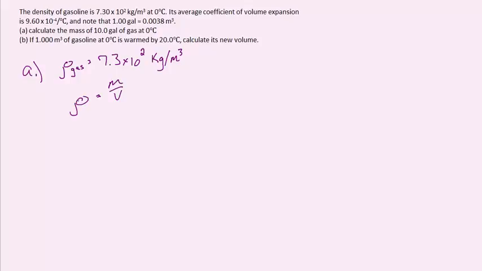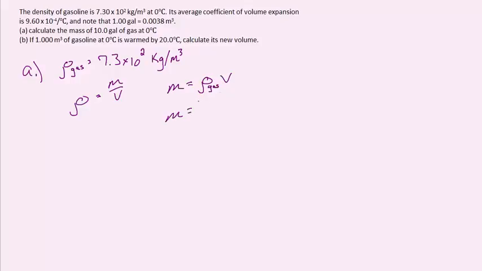We're given the density of gas as well as a volume of gasoline in gallons. So if we're trying to solve for mass, we can rearrange this equation where our mass will be equal to the density of gas multiplied by our volume.